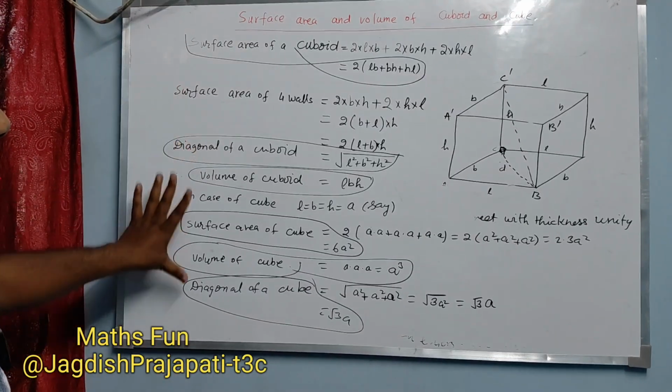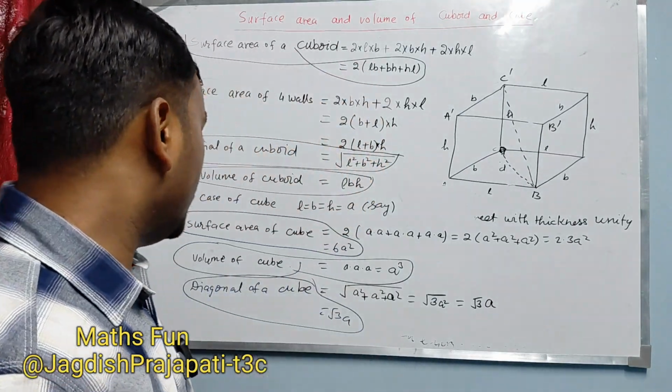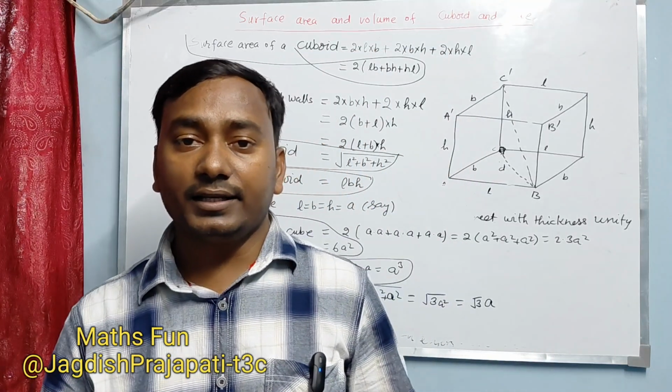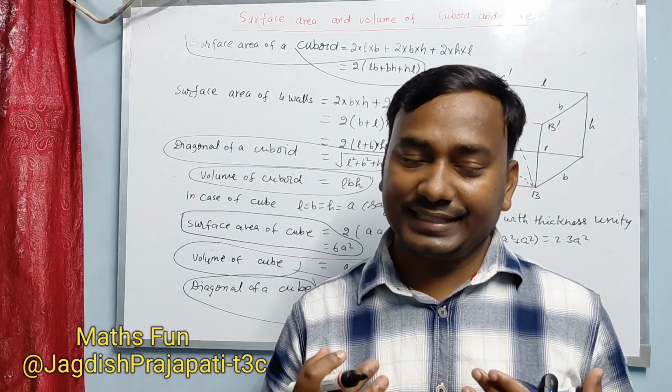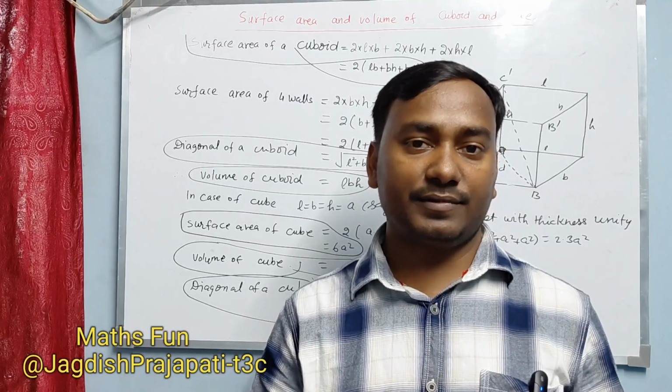So you have to remember these 6 formulas. Okay, so now this is all about cube and cuboid, when it is related to its formulae for computing its dimensions.